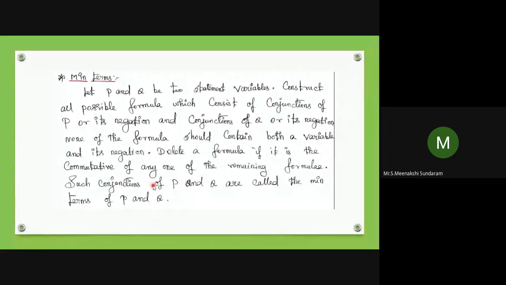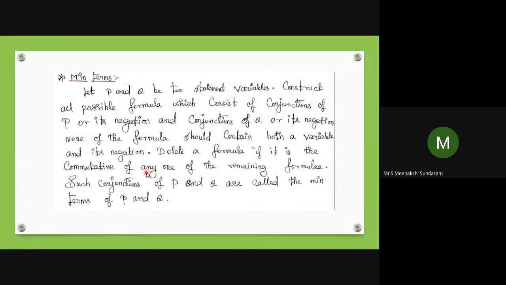Suppose you can write the truth table. For example, we can do both the cases. First, I am telling the truth table. For example, you can consider two variables P and Q. There are four inputs. P is true, true, false, false. Q is true, false, true, false. What is the min term?